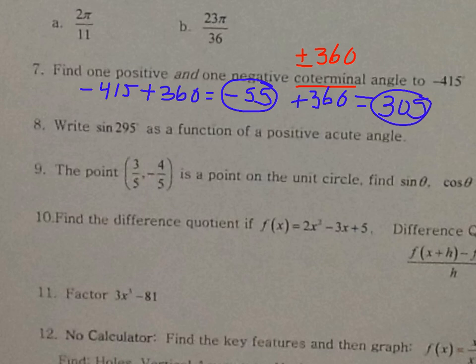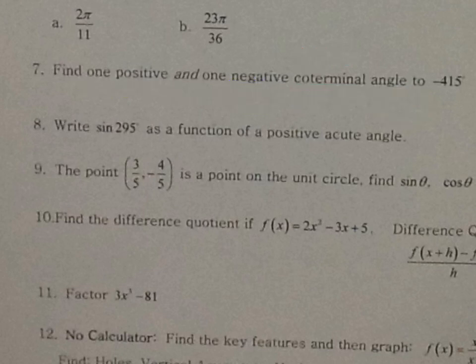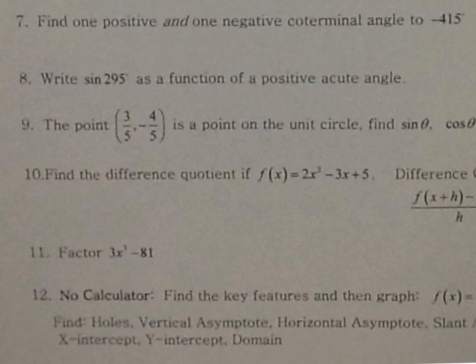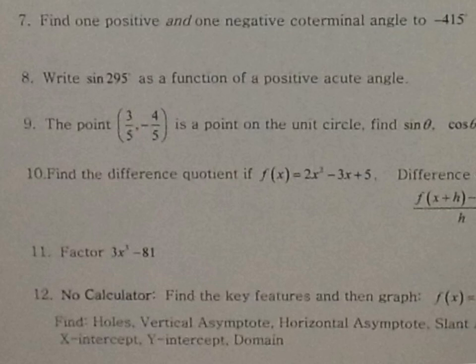All right, let's take a look at number 8. Number 8 says, write sine 295 as a function of a positive acute angle. So when we see positive acute angle, we're talking about reference angles.